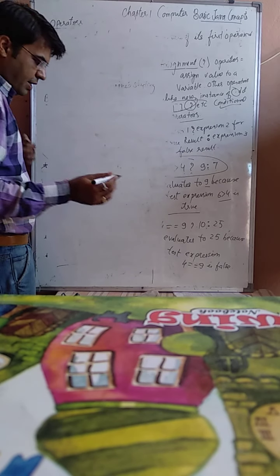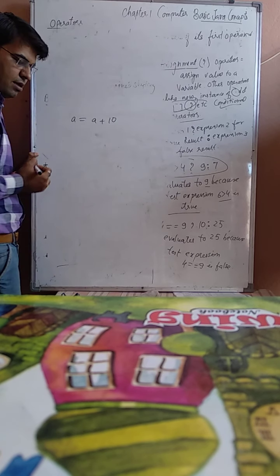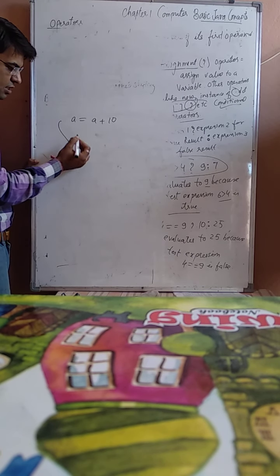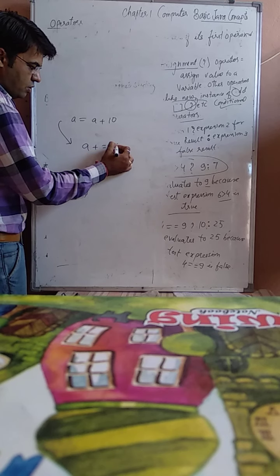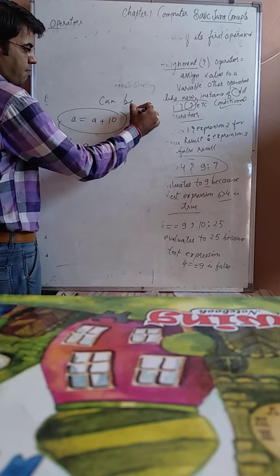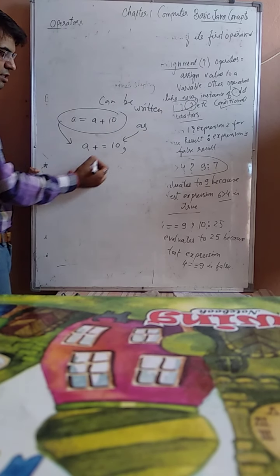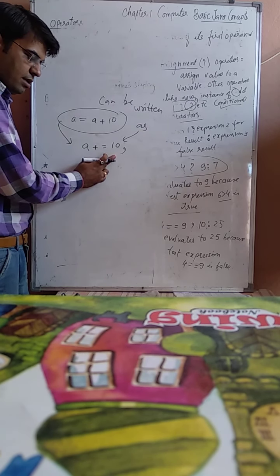For shorthand operators, we use a plus 10, and we can write this in another form also. This can be written as a plus equal to 10.